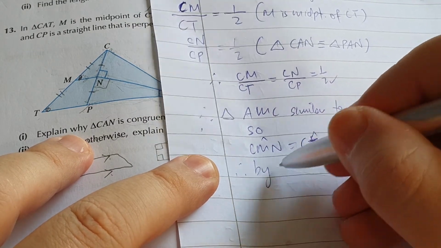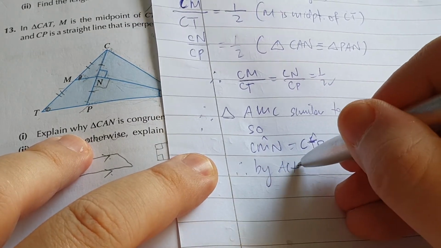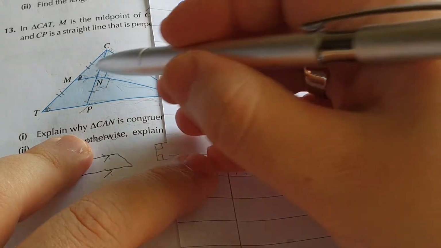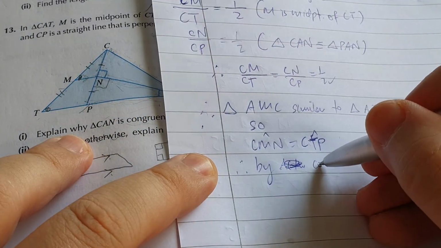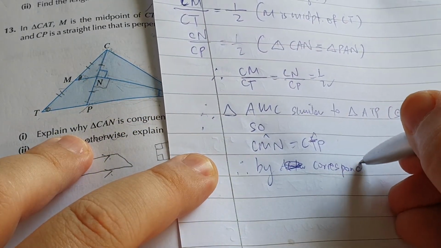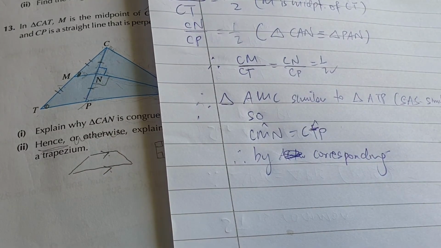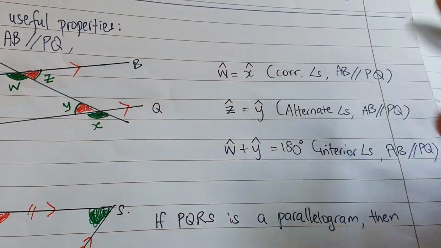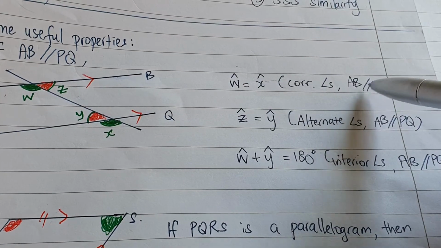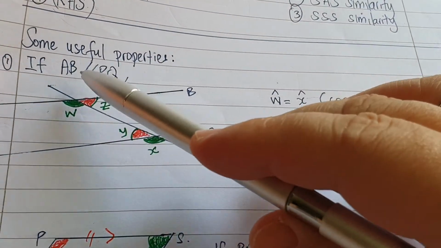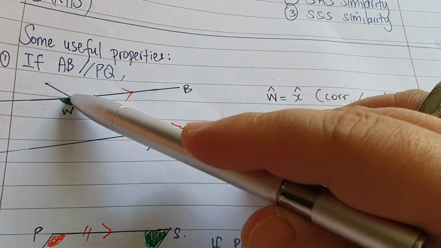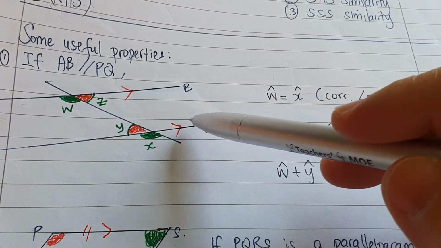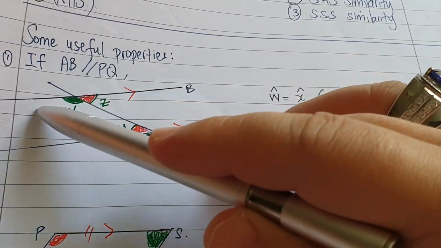So now you can say that therefore by corresponding angles, this is corresponding angles. That's why you see I ask you to learn all those corresponding angles, all these things, which can only be used for parallel lines. So if this is equal to this, then this definitely must be parallel to this. That's what we're using.